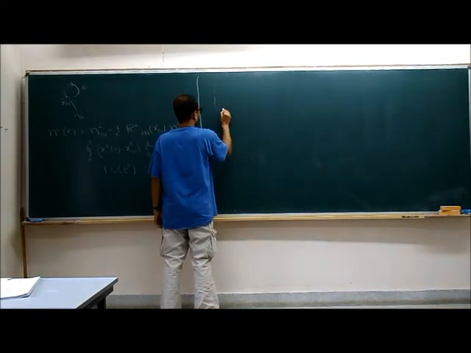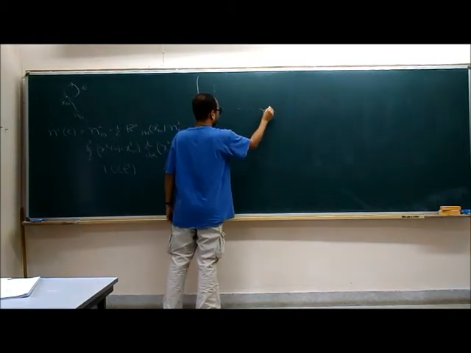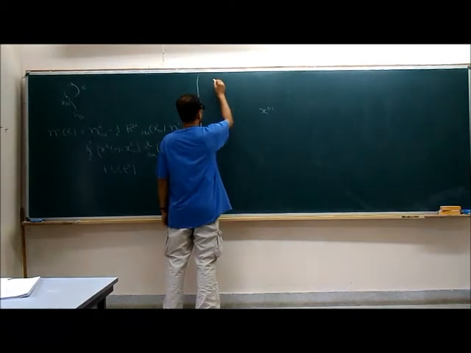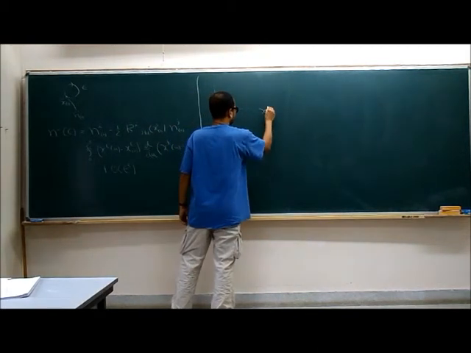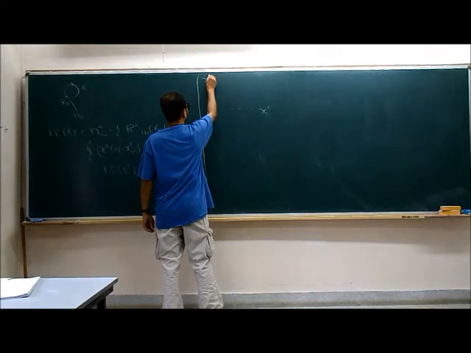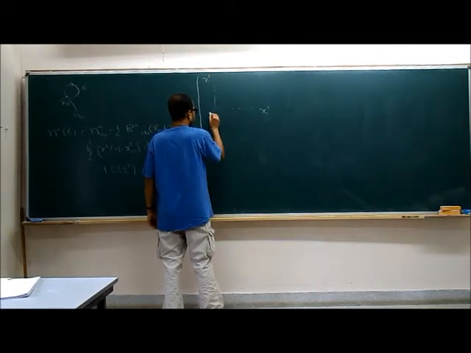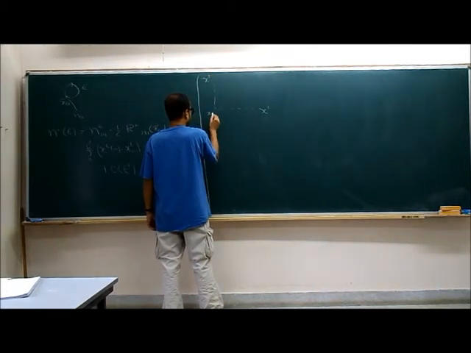So we have x1, x2. This point is the point x naught. This point in the x1, x2 plane will correspond to x naught 1, x2.